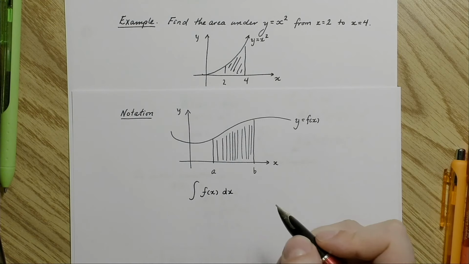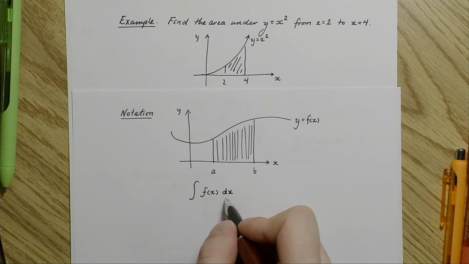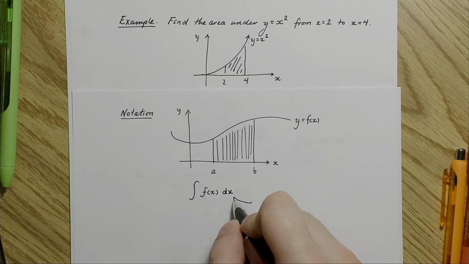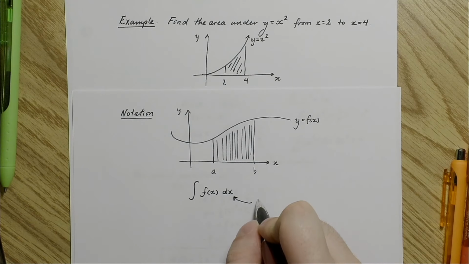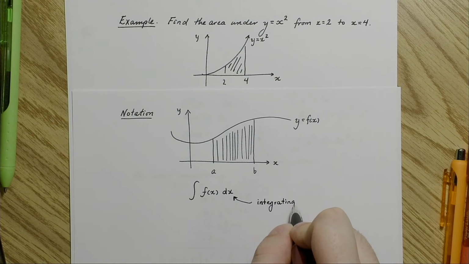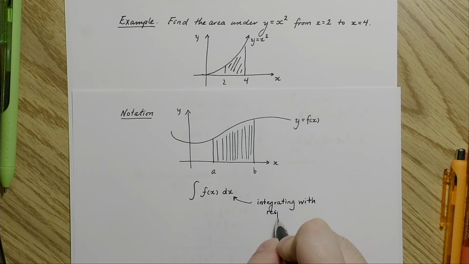The dx is our differential, which is kind of the width. So this tells you that you're going to be integrating with respect to x. So that's what this is, integrating with respect to x.